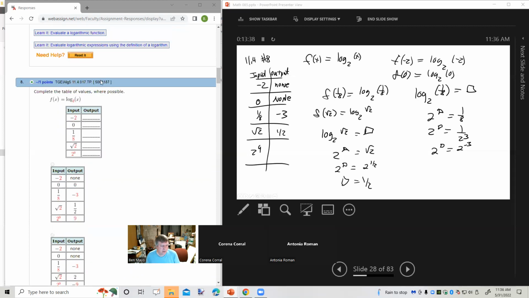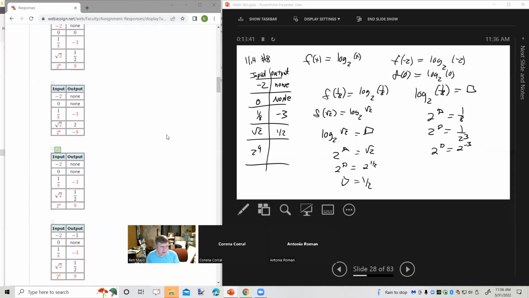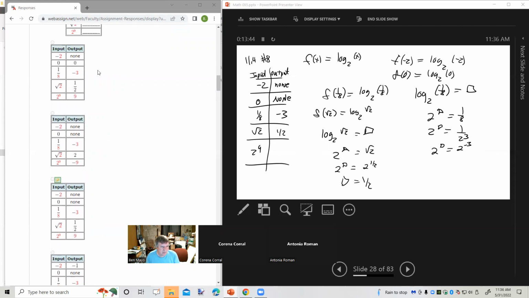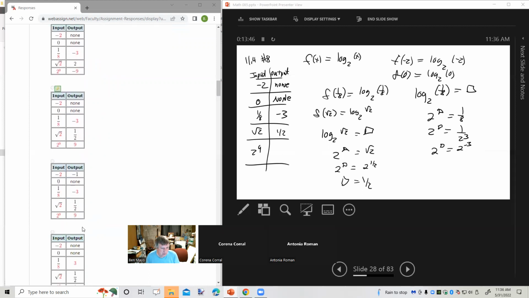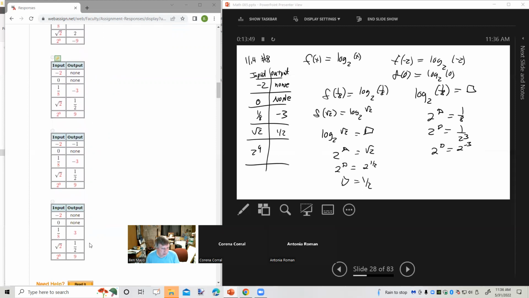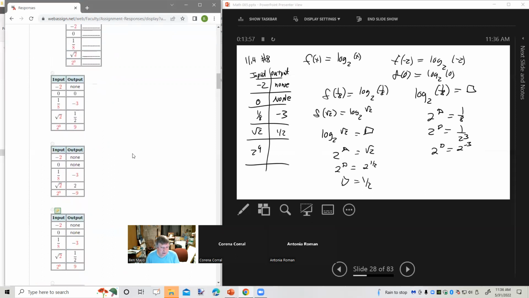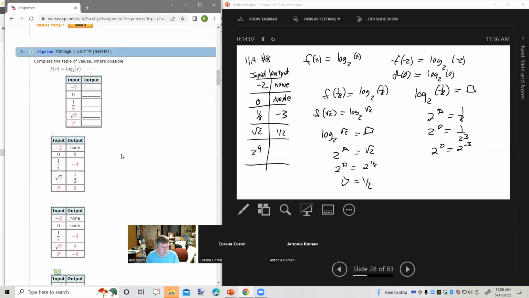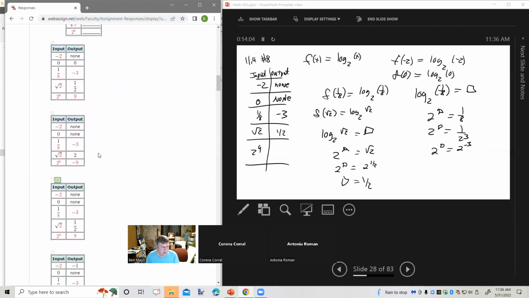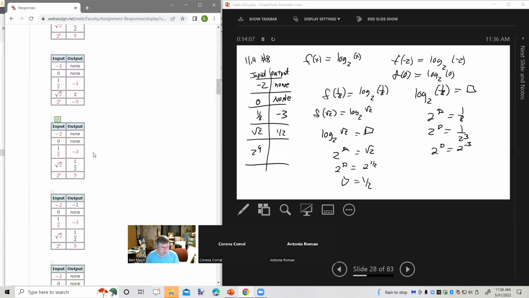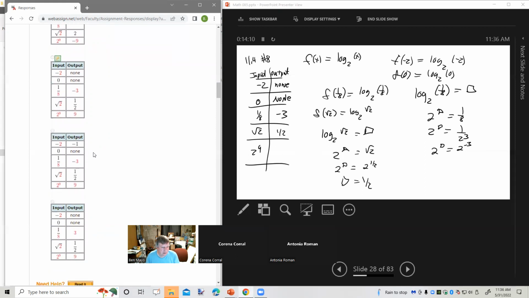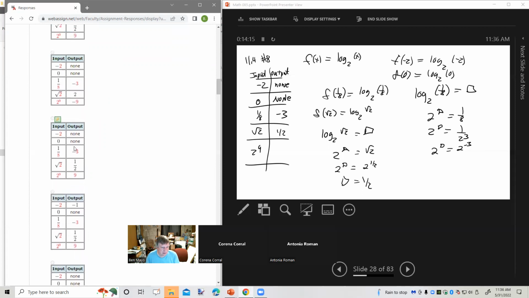Well, so far, I haven't done the last value, but the only one that matches the first 4 has got to be this one. Okay. Oh, wait a minute. I did that wrong. It's got to be this one. Yeah. Okay. None, negative 3.